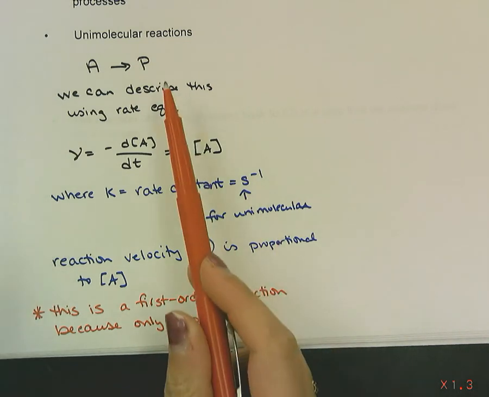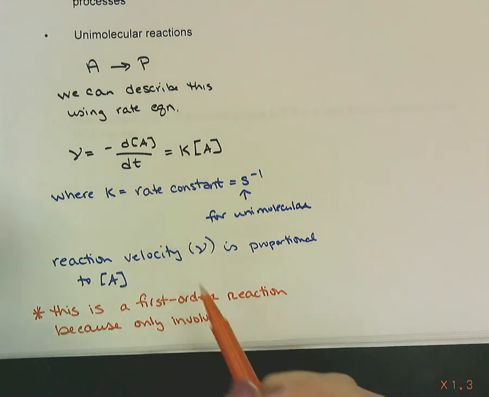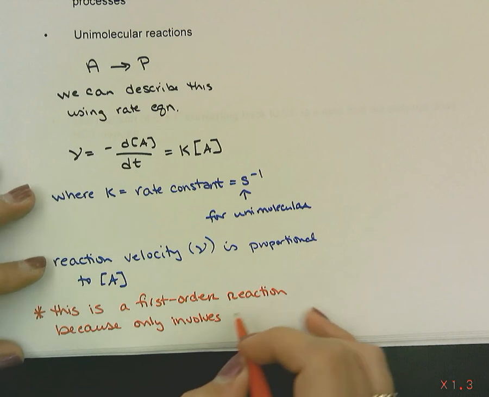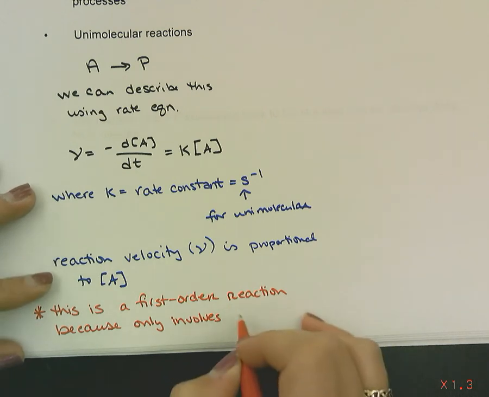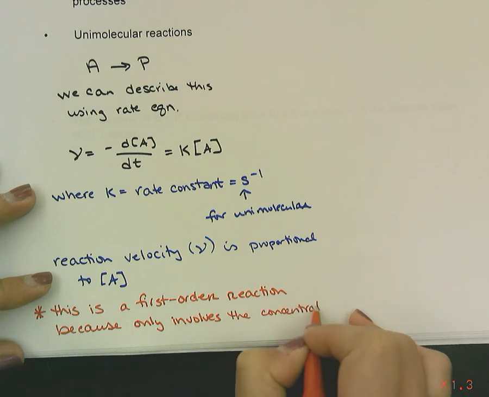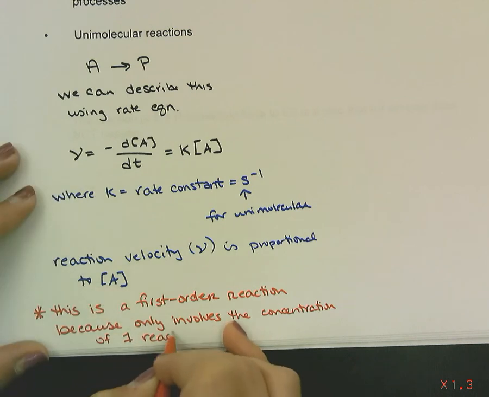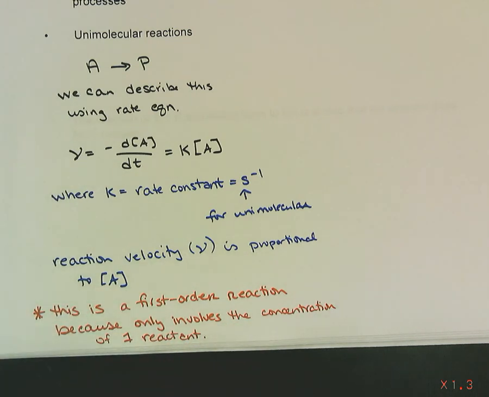So a unimolecular reaction that has this equation is a first order reaction because it only involves the concentration of one reactant. Okay, good.